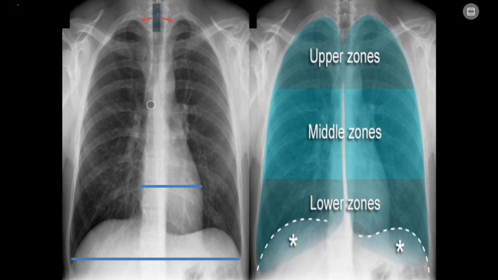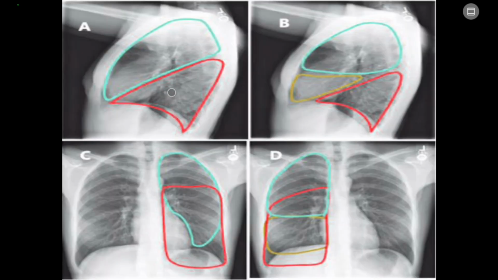When we talk about the lobes in the AB or BA projection chest X-ray, we cannot define or refer to the lobes because it is a flat or 2D image, so we want to take the lateral view. In the left lung, I told you that the left lung is divided into upper and lower lobes. We take the major fissure from here to here and divide the lung into upper and lower lobes. The lower lobe is most posterior and the upper is more anterior, and the lower lobe is close to the dorsal vertebrae.